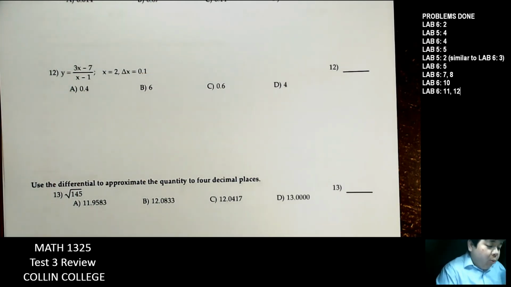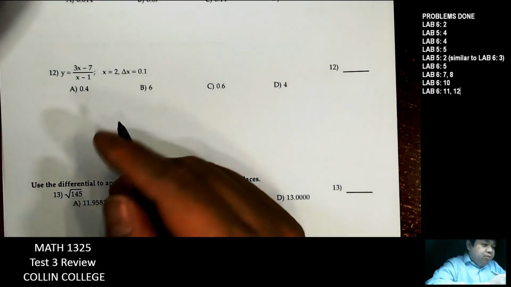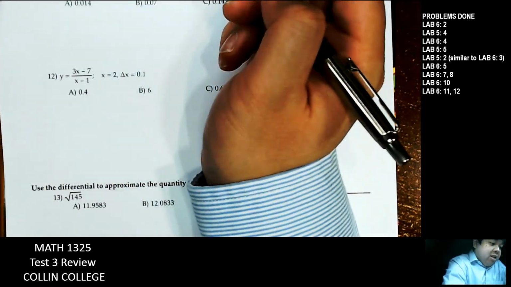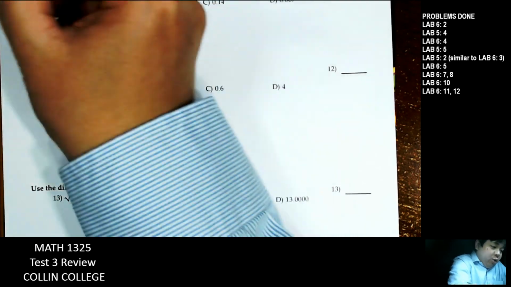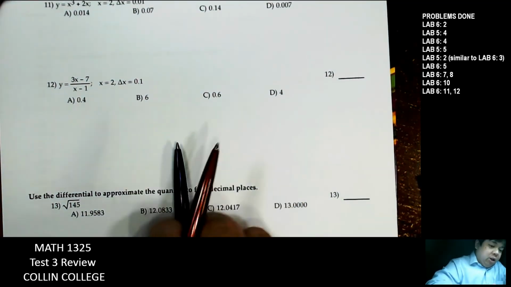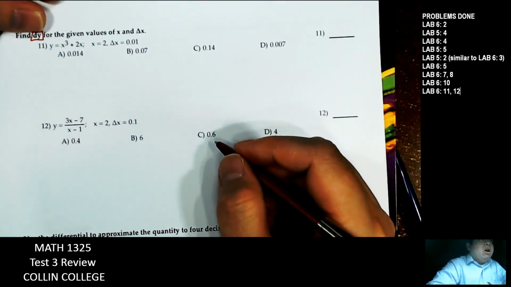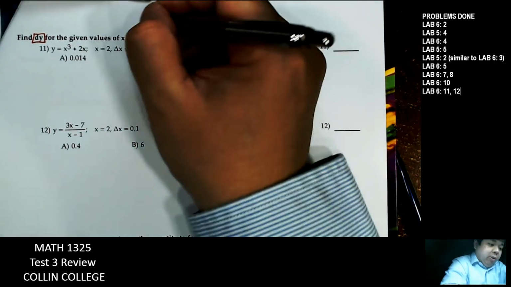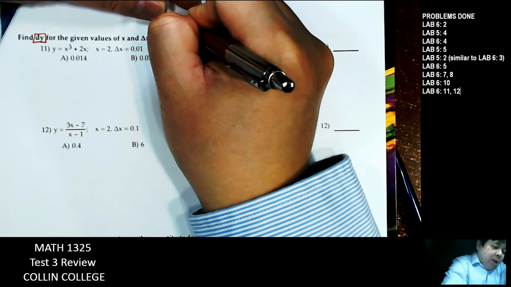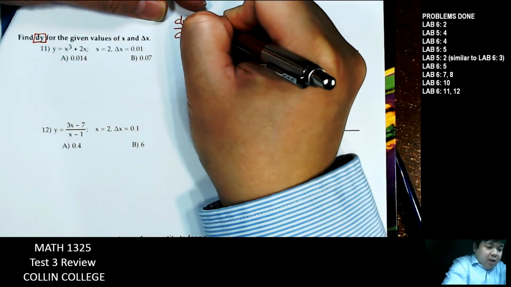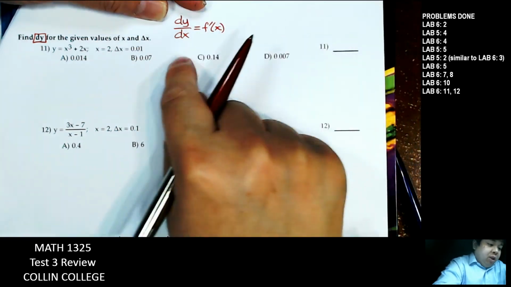Next we have differentials. That is simple enough. I'm going to look at both of these problems.